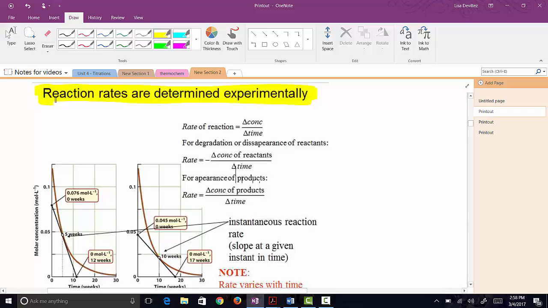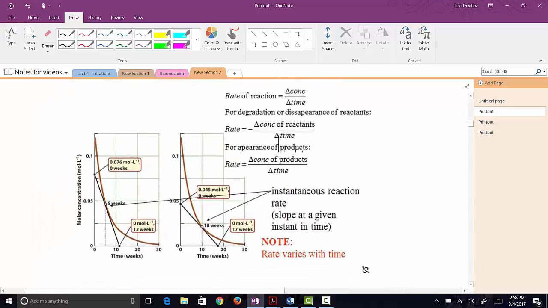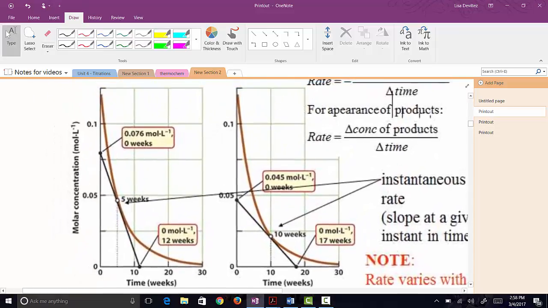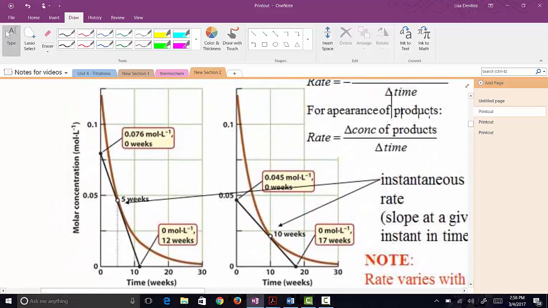So in looking at the rate of a reaction, here's a graph, and it's showing the change in concentration of the reactants over time. One thing to note about this is that the change is not linear.